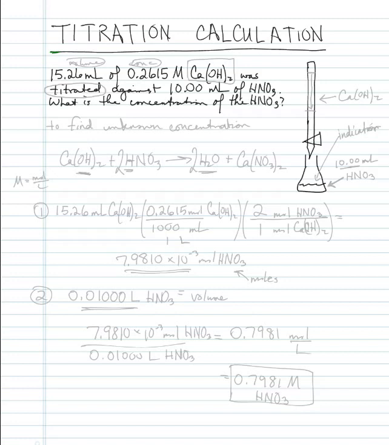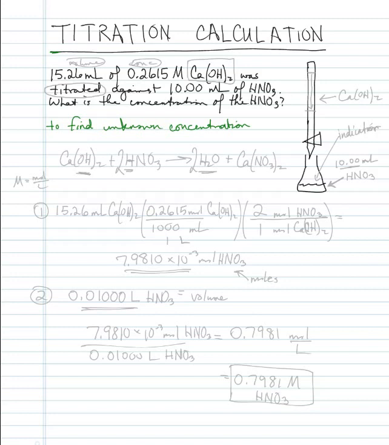The point of a titration is to find an unknown concentration, usually of an acid or a base, although there are other applications that we can use titrations for. But this is the point of a titration. Now, how do you know that you need to do a titration calculation?